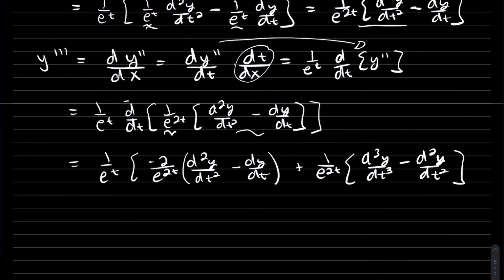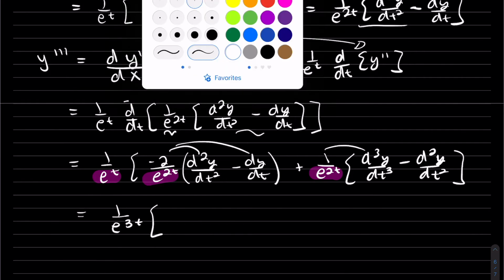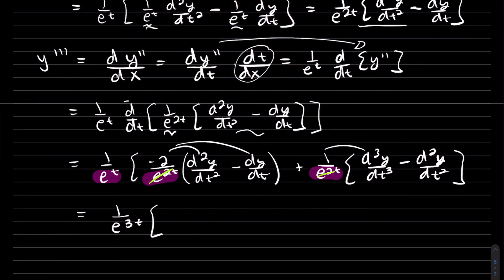Okay, so we just got to clean it up. Just distribute. Remember I told you we'll factor those out with that. 2t plus t is 1 over e to the 3t. And then distribute that. There's nothing to distribute. We can actually, with those gone, this gone and this gone.